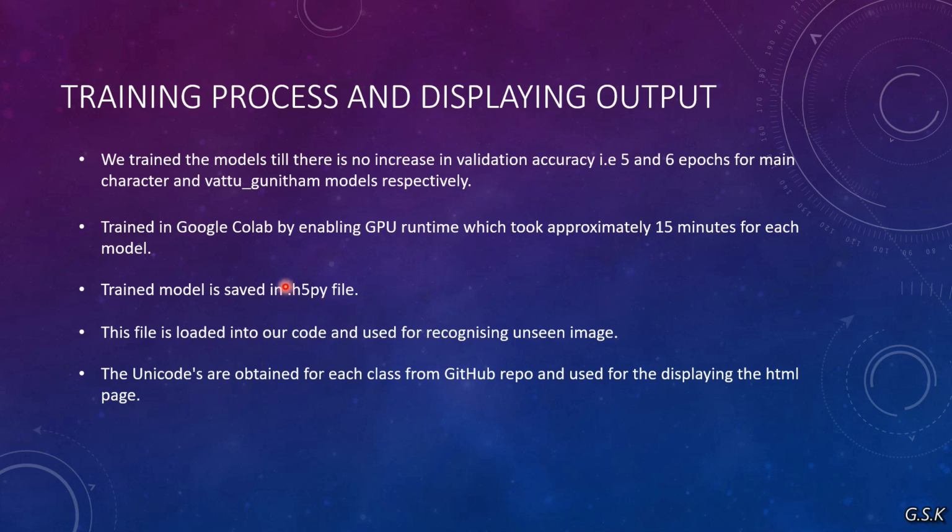After getting these weights, we recognized the unseen image. For a particular unseen image or character, the two models gave a class label, and this class label is mapped to Unicodes. The mapping from class label to Unicode is found from the GitHub repo where the dataset is downloaded, and we use those Unicodes for displaying the HTML page.